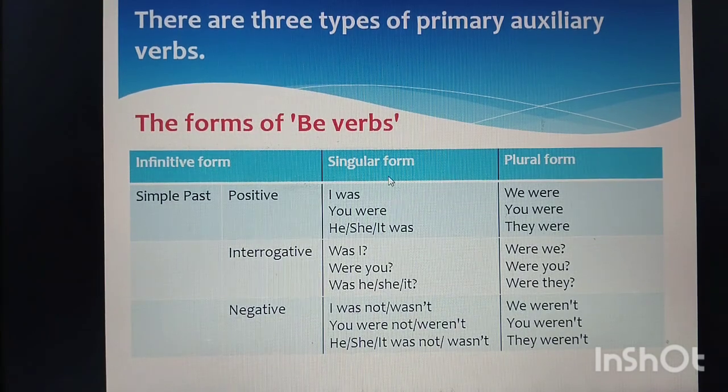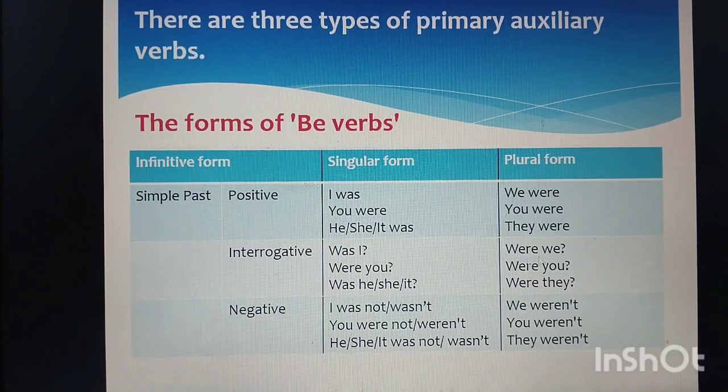Likewise, in past tense there are also be forms. In past tense there is was and were as the be forms. You can see some examples here. I was, you were, he, she, it was. In plural: we were, you were, they were. In interrogative question: was I?